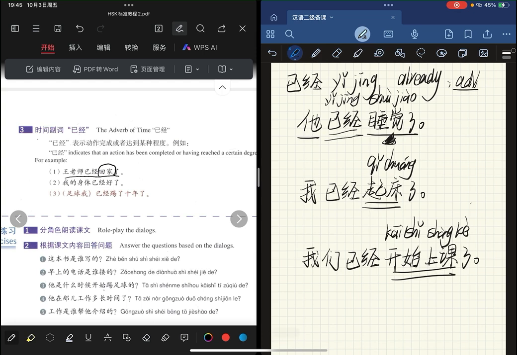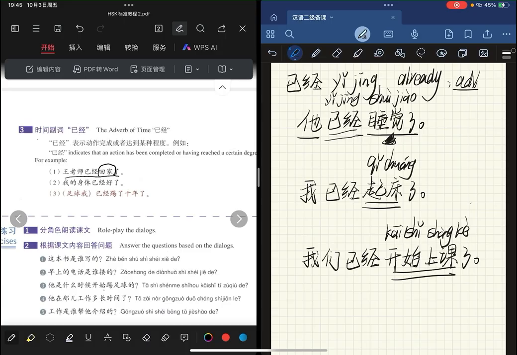Okay, so now let's read the example sentences. The first one, he has already gone to bed. 他已经睡觉了。The second one, 我已经起床了。I have already gotten up.